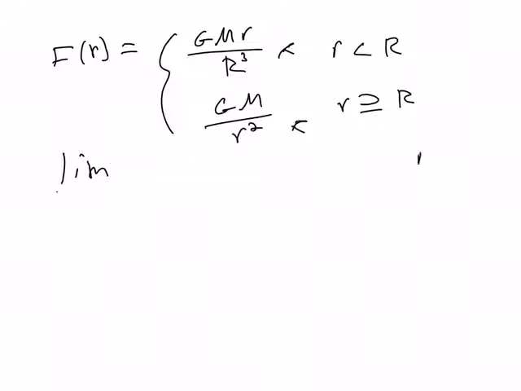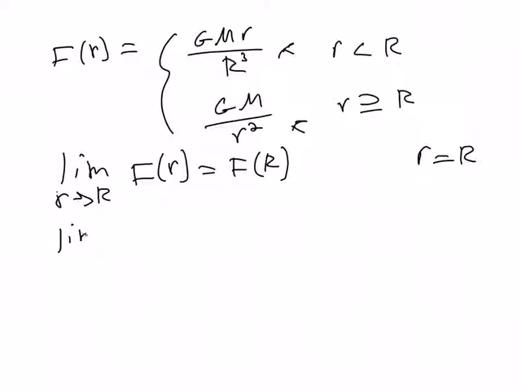The discontinuity might occur when r equals big R. So we want the limit as r goes towards R of f of r to be the same as f of R. We have to split it up because the function is different.